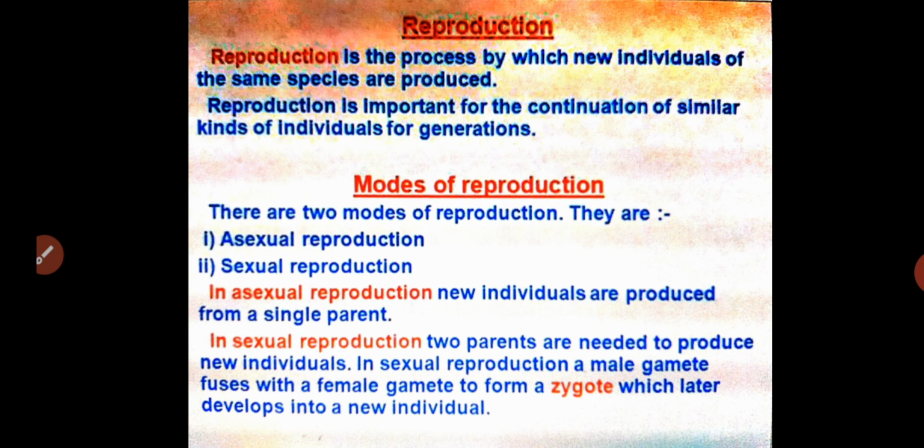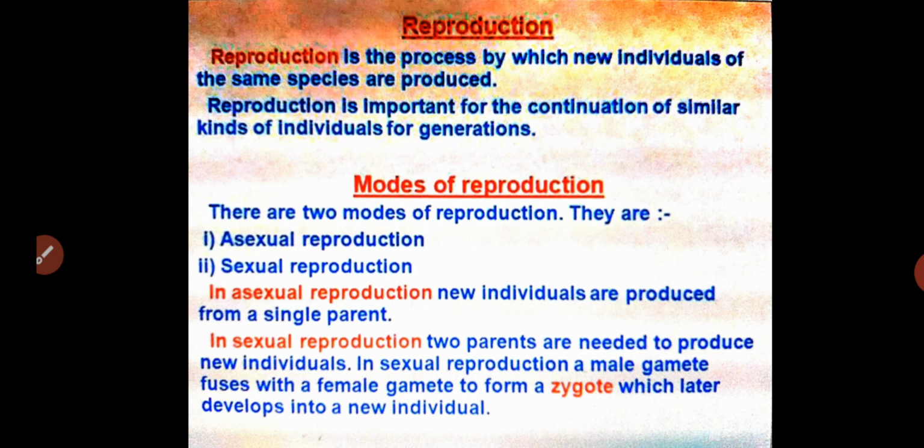So the first very important type of reproduction is asexual reproduction. What is asexual reproduction? Asexual reproduction is a type of reproduction in which new individuals are produced from a single parent. So only one parent is involved in the reproduction.